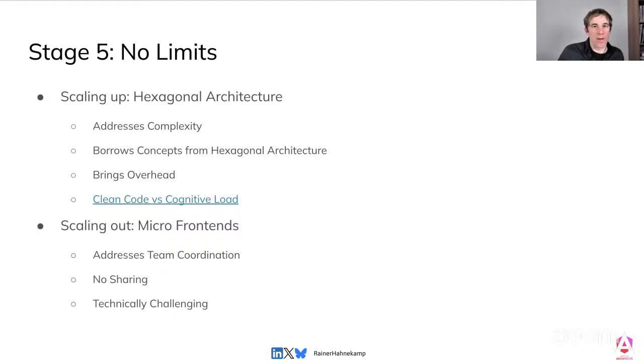The other one, the maybe more interesting one, because we don't hear about it so often, and I'm not even sure if I would call it hexagonal architecture, it's just borrowing ideas from it, is if our application grows, but I still manage to keep the team as it is, so I don't need additional developers.